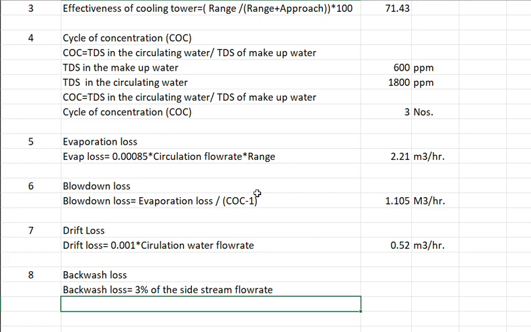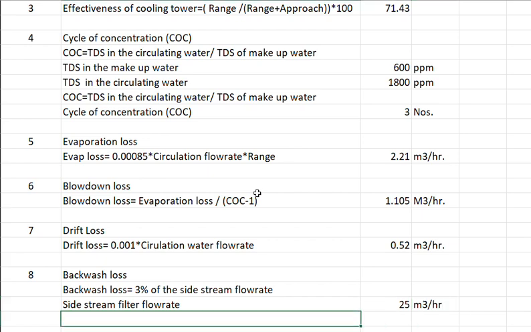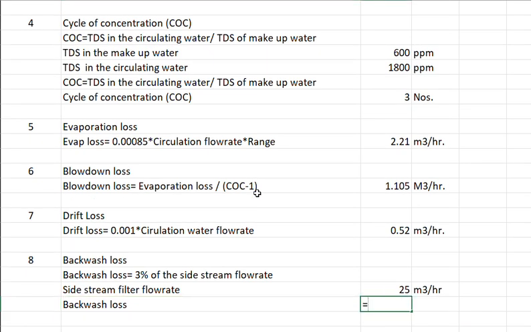Here I just assume the side stream filter flow rate. The filter flow rate which we have designed is 25 meter cube per hour, circulating through the backwash filter. So the backwash loss, as I already told you, is 3% of that.